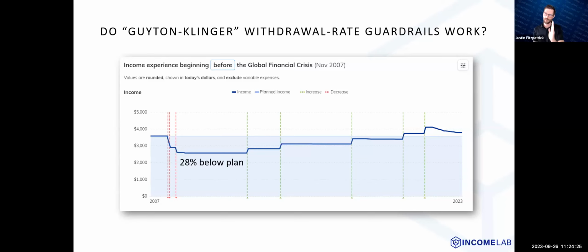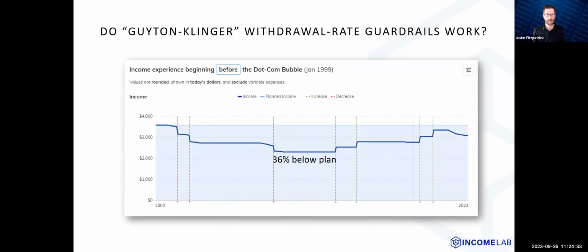So that's why typically toward the end of the plan, you'll only see those green lines if you're going to see them at all. So not great. Before the dot-com bubble, if I'd started in January of 99, I get something a bit worse. I spend some time, in this case multiple years, at 36% below my originally planned level.